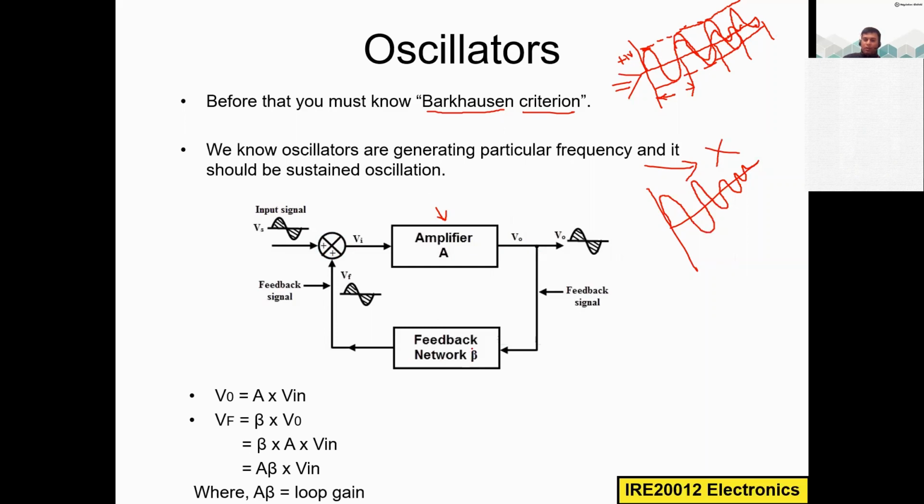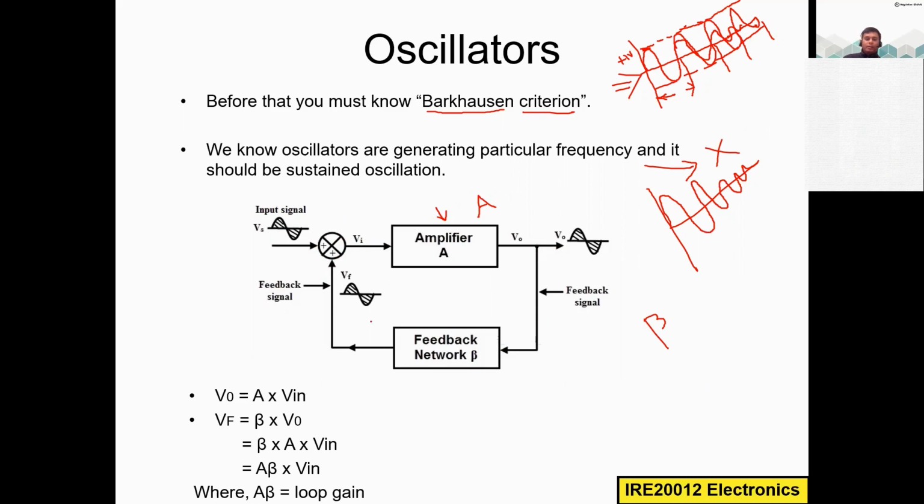We can call the gain of this feedback network beta, and we already know the gain of the amplifier is A. We combine the feedback with the actual input and send this as input to the amplifier. This happens repetitively again and again.